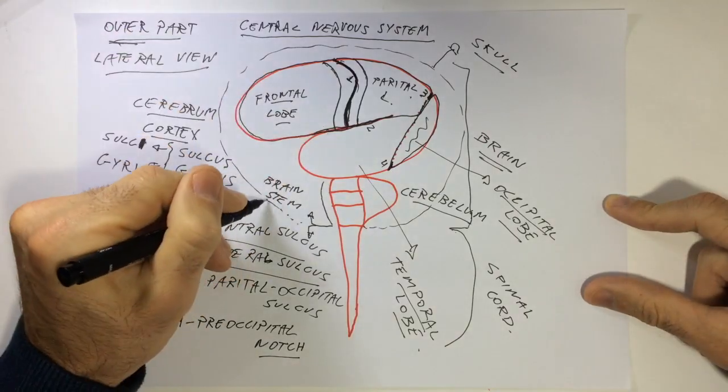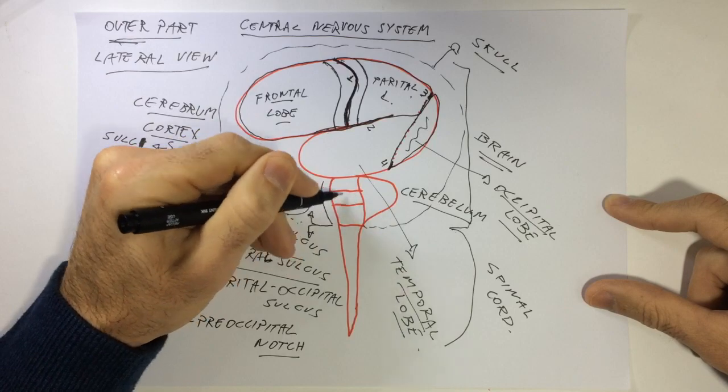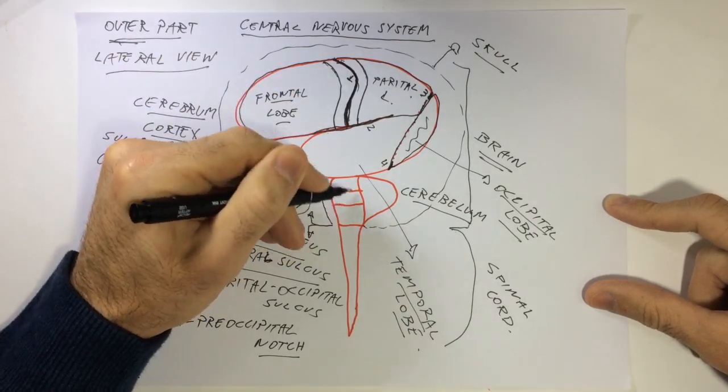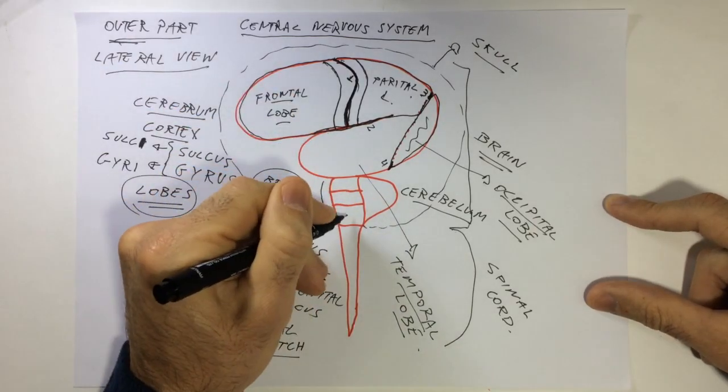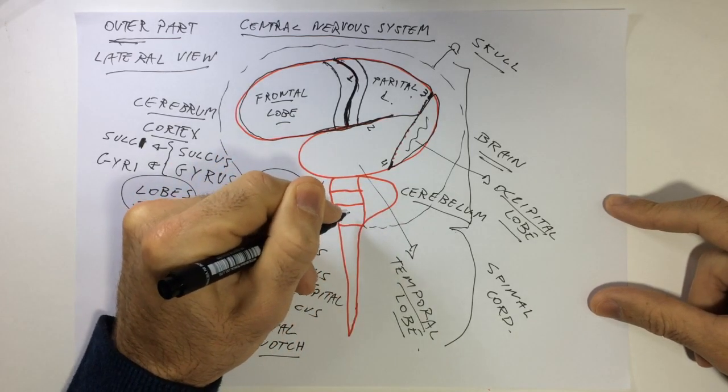Other than that, if we get the brainstem, this structure here in the lower part of the brain, we have three parts. So I'm going to put some letters here.